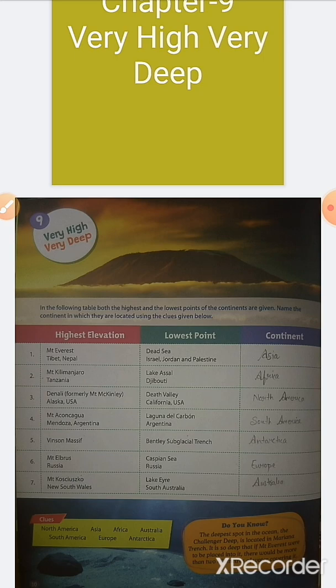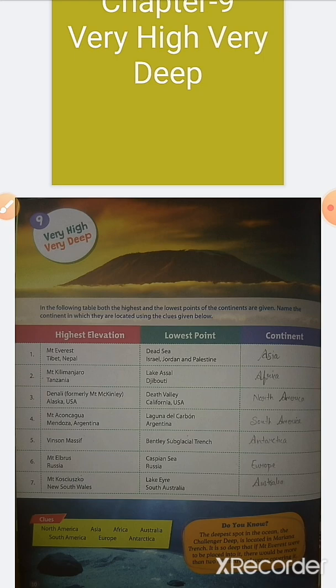So, Denali or Mount McKinley is the highest elevation for North America, and Death Valley is the lowest point for North America. Okay. Number 4.